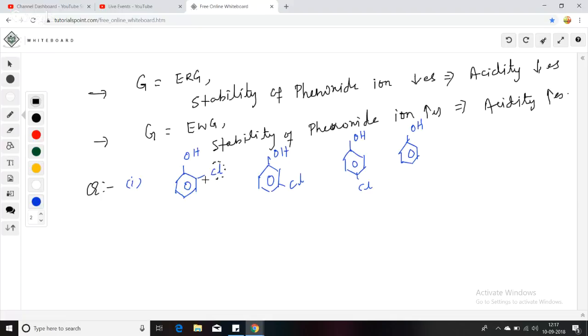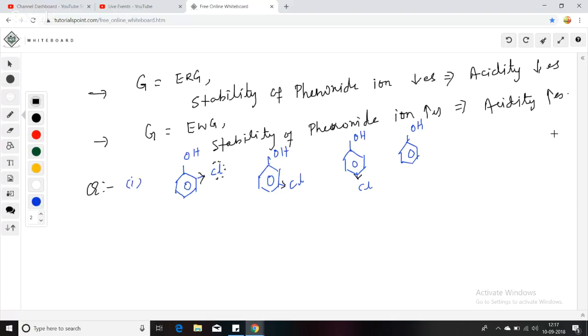This has minus I effect, so it has tendency to withdraw electrons. But if you consider the lone pair on this, then because of the lone pair it has tendency to resonance also, right? This lone pair comes over here, this goes here, okay?